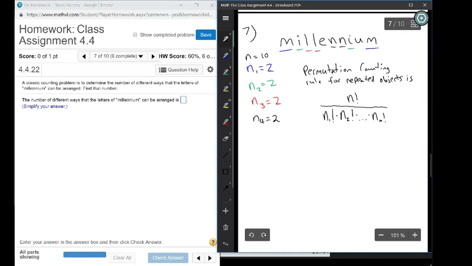So for us, the number of permutations of letters that spell millennium is equal to n factorial, 10 factorial, over 2 factorial times 2 factorial times 2 factorial times 2 factorial.